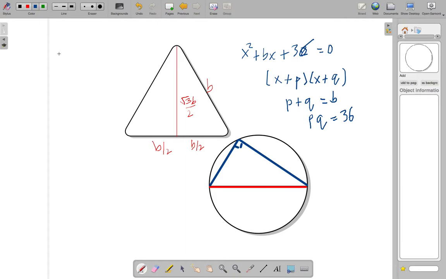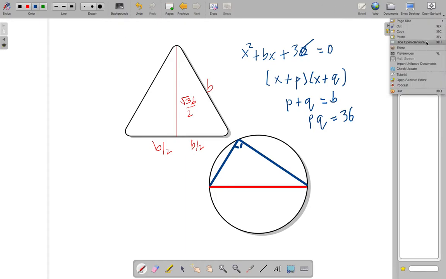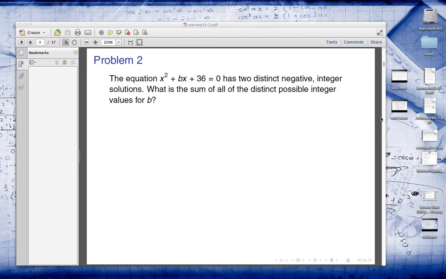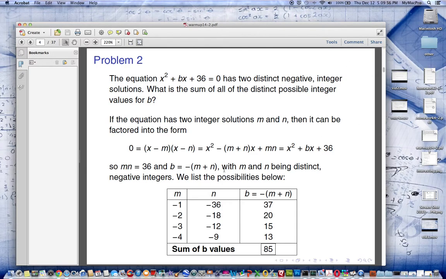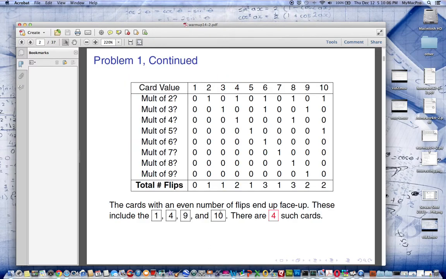So we have to find 2 negative numbers whose product is 36. So 1 and 36, negative 1, negative 36, negative 2, negative 18, and so on. So we have minus 1, minus 36, minus 2, minus 18, minus 3, minus 12, minus 4, minus 9. The next choice is minus 6, minus 6.